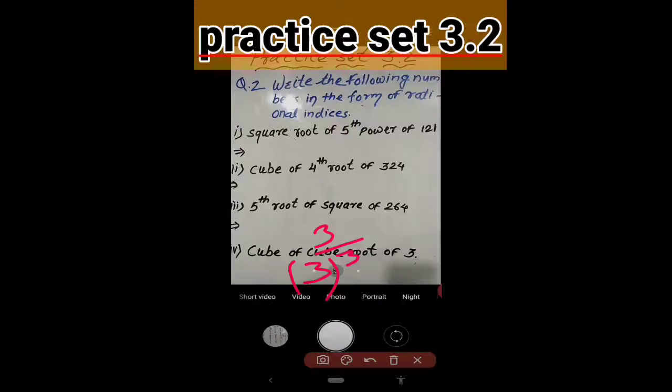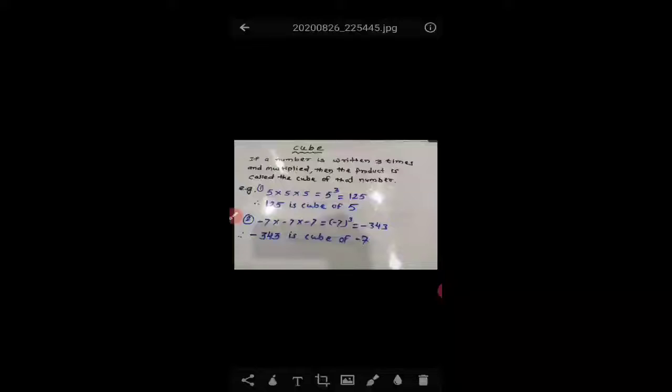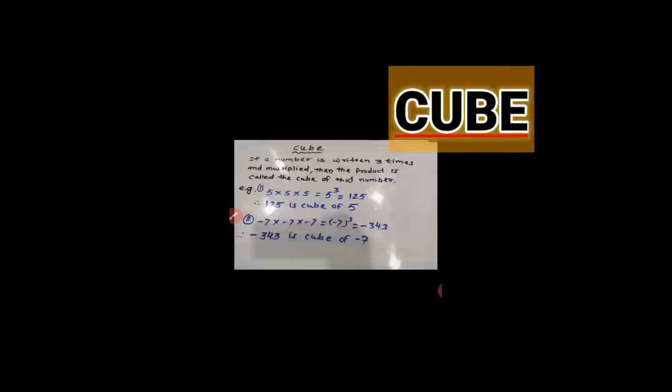Now we will continue with practice set 3.3. Before that, we have to explain the term cube. What is cube? We had studied that square is if a number is taken 2 times in multiplication, then that product is the square of that number. Similarly, what is cube?